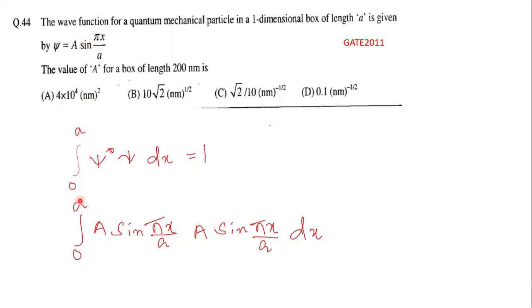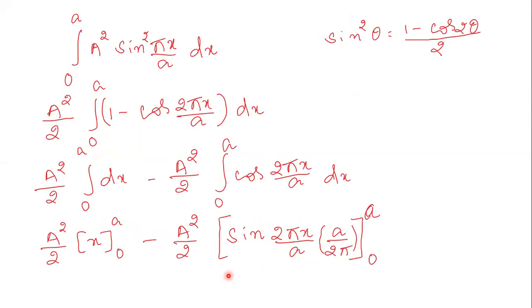Now we should find the value of this integral and make it equal to 1. Then from that we will get the value of A. First we should find the value of this integral. Integration from 0 to a of A square, and sin(pi x by a) into sin(pi x by a) is sine square(pi x by a) dx. Then we need to make use of this formula: sine square theta is equal to 1 minus cos 2 theta by 2.